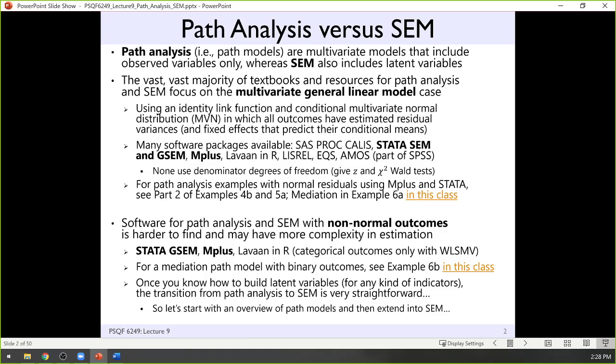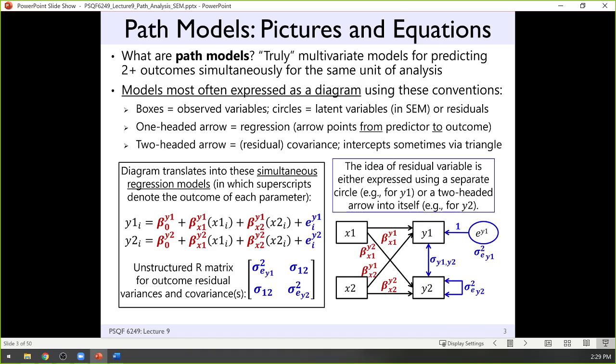If you're predicting an outcome that's ordinal or nominal, it's using a multinomial conditional distribution. If you were to predict, say, a count outcome, you could use something in the Poisson family. There are all kinds of distributions that go with alternative, not normal data, and they all require some kind of link function to make sure that the predicted outcomes stay within the boundaries. So stay within 0 and 1, for instance, in the binary case. You just have to pay attention to what options are in your software to know how to specify your model correctly.